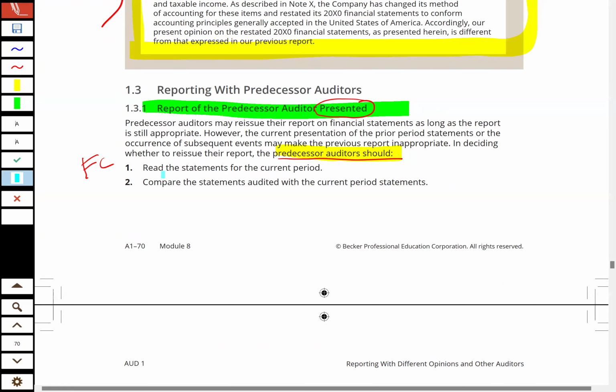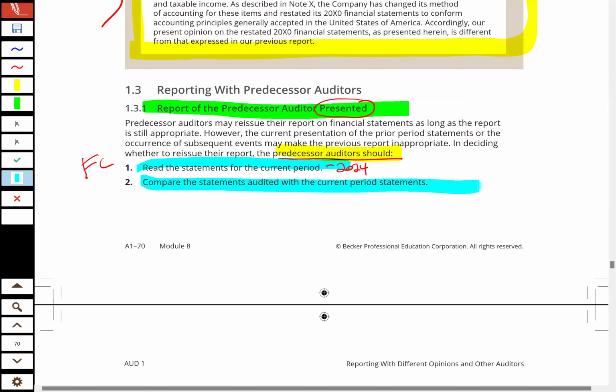One, you would read the statements of the current period. In our little example, that would be the 2024 statements, okay? Because you might see something there that says, well, wait a minute, that doesn't jibe with what I understood was the situation from last year, and may lead you to want to change your report. Same thing with comparing the statements between the two years.